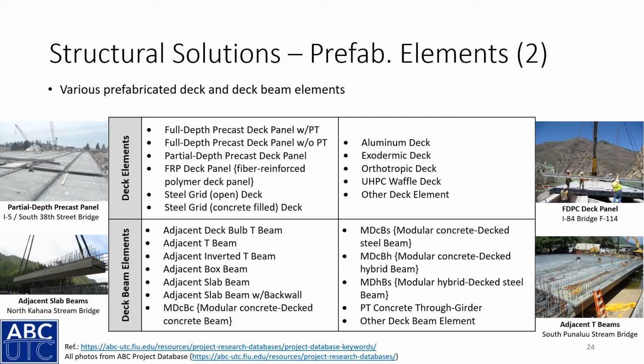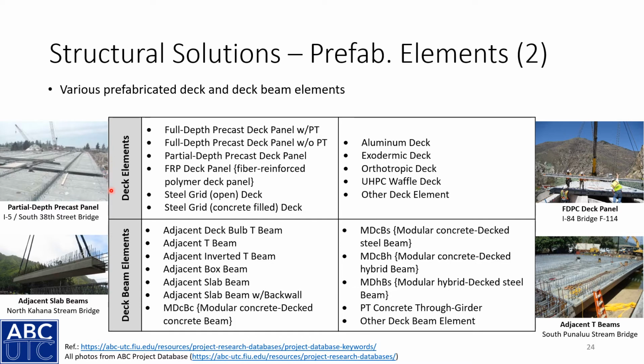On this slide and some of the following slides, we'll have some of these subcategories and some specific types of that subcategory. So here, for the deck elements, we have these specific types of deck elements, with the full depth precast deck panels being the most common. And you can see some example projects from the ABC project database listed aside.